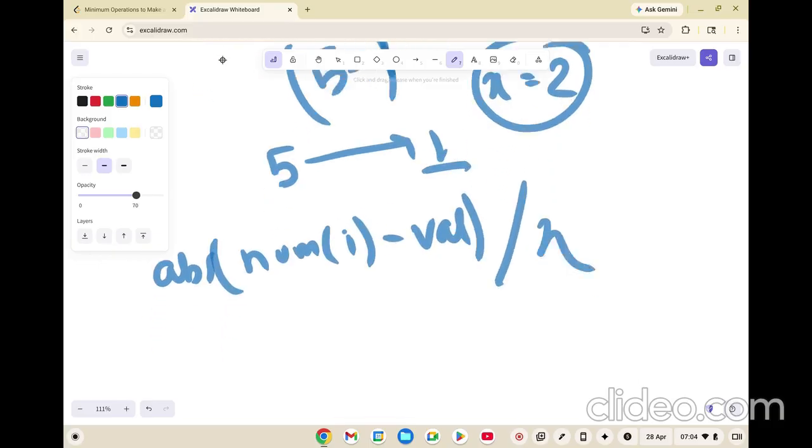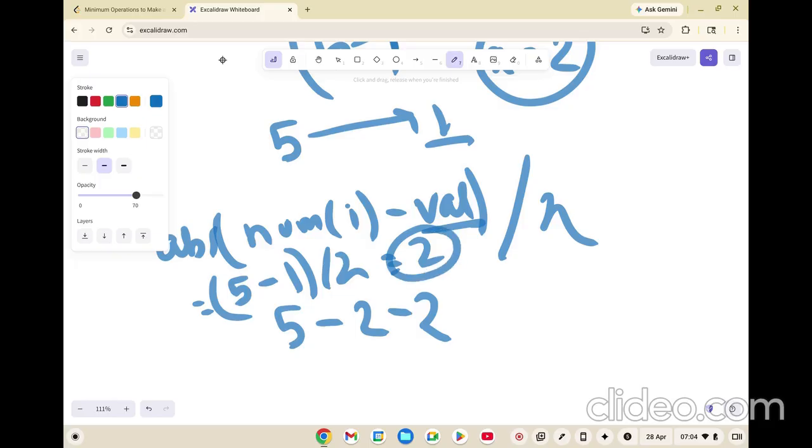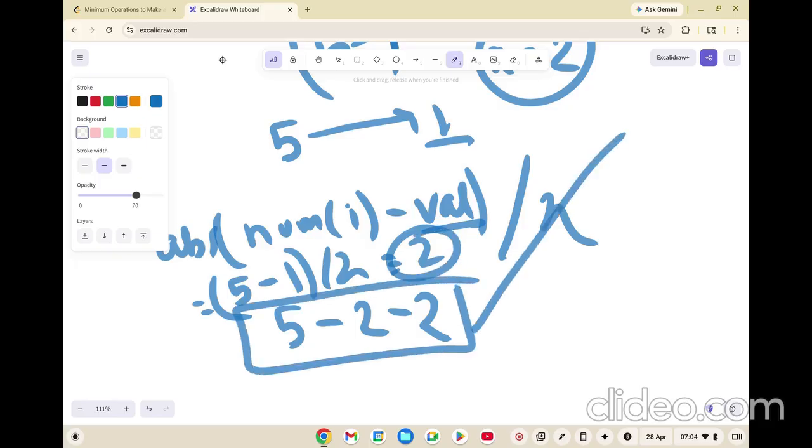And how does it happen? 5 minus 2 minus 2, right? And if you put the values on here, 5 minus val was 1 divided by 2, which is equal to 4 by 2, which is 2, right? So I hope you are understanding how absolute is actually working behind the scenes, right?